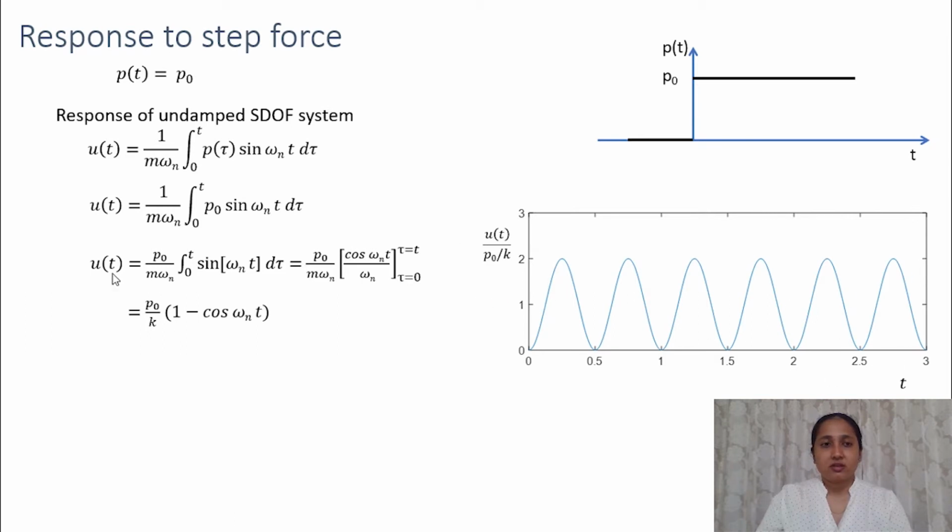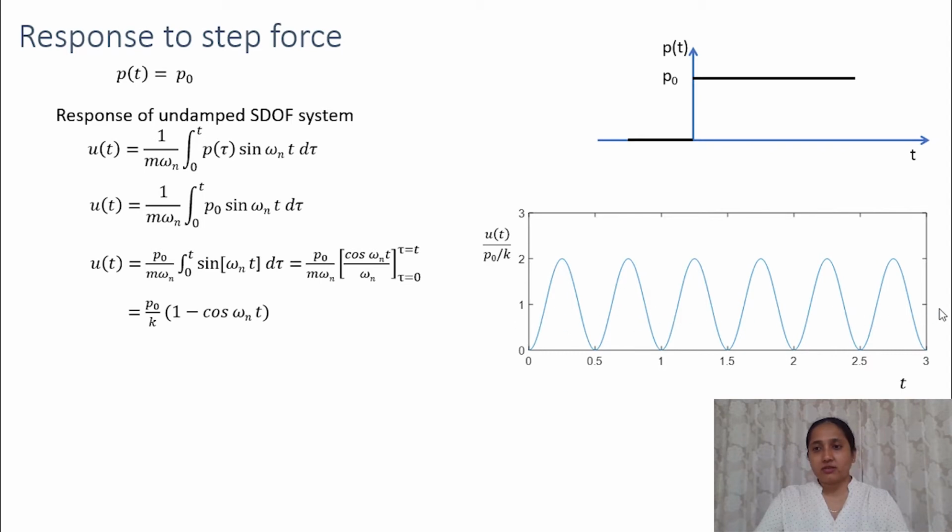So this is the response divided by p naught by k. We have seen that p naught by k is the static response. If this was a static force p naught, then the response would have been p naught by k. In this normalized response curve, we can see that the system is oscillating about the normalized response equal to 1.